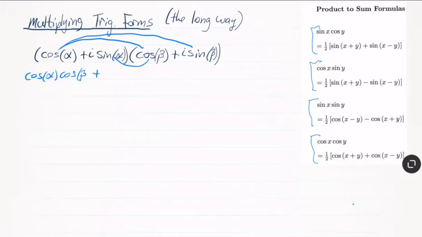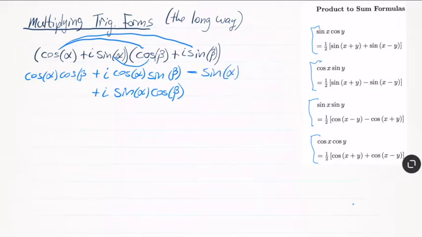So we're going to get plus i cosine of alpha sine of beta, and I'm going to write right underneath it the other one, which is sine of alpha cosine of beta. And they both have the i's. And then when we do the last one, we're going to get i squared. Remember, i squared is equal to negative 1, so we're going to get minus sine of alpha sine of beta.